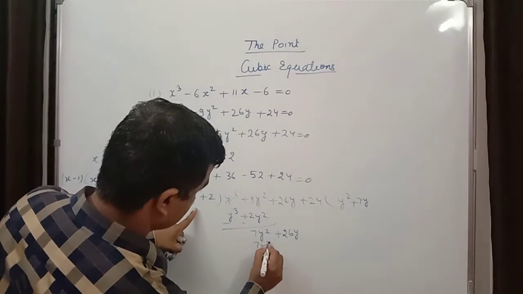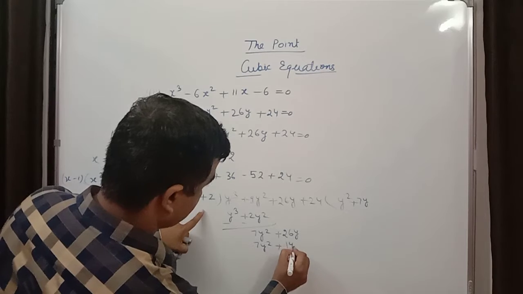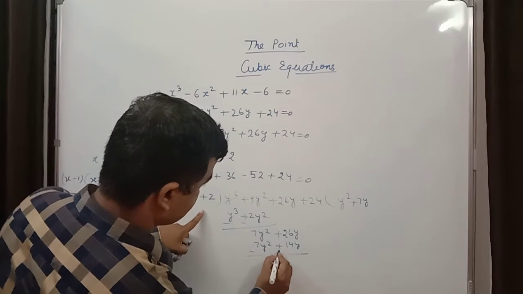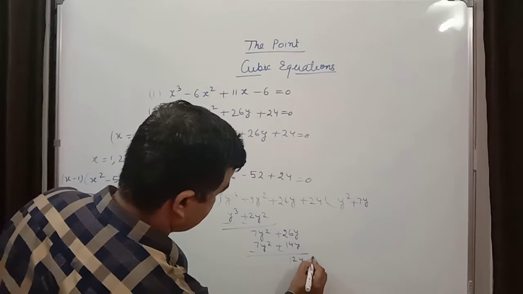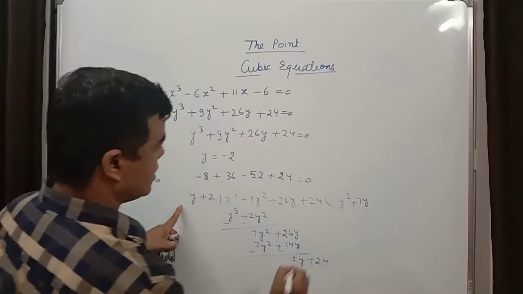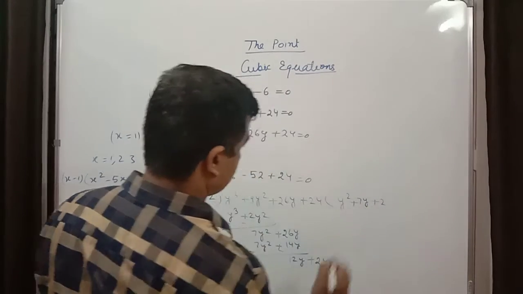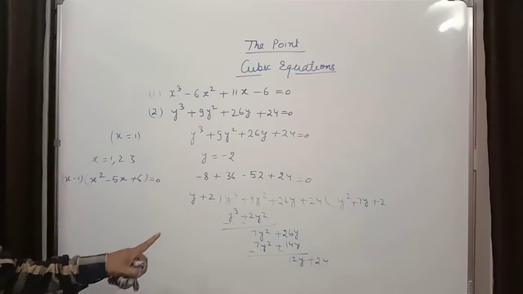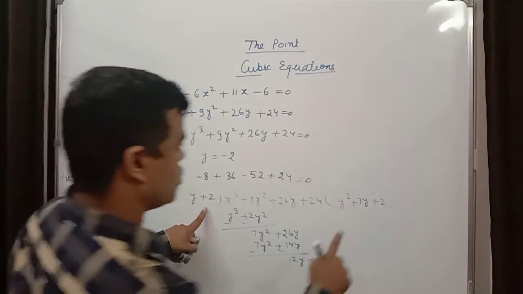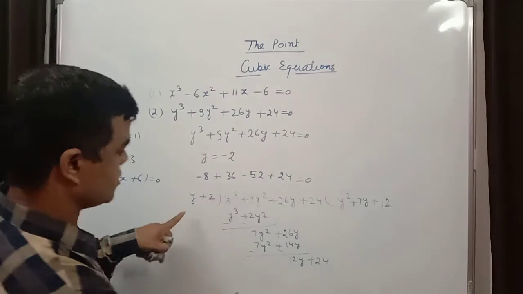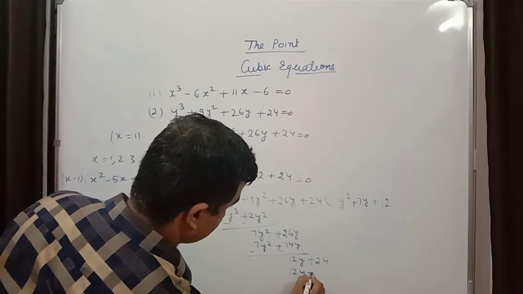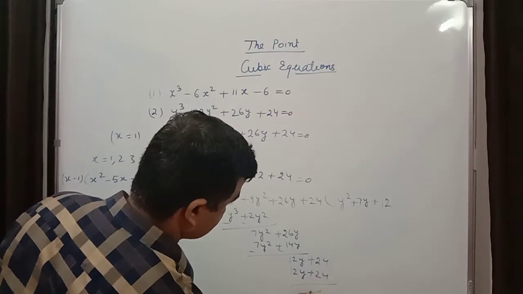So 7y square plus 14y. Subtract, minus minus, this will cancel. So 12y plus 24. Now I have to take 12. So 12y plus 24, it is completed.